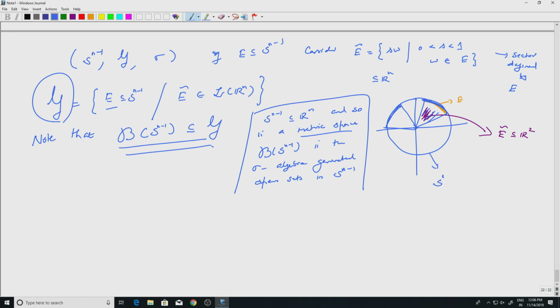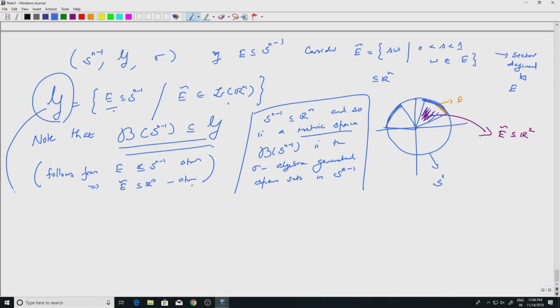So, this follows from: E contained in S^{n-1} open implies E tilde, which is a subset of R^n minus 0, is open. So, any open set E gives me E tilde which is an open set, and so it will be in the Lebesgue sigma algebra, which means that any open set is in G. So, the Borel sigma algebra itself will be in G.